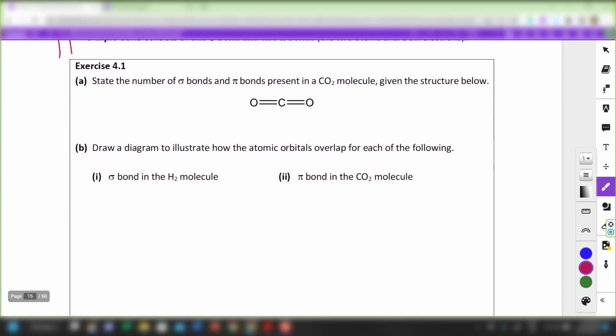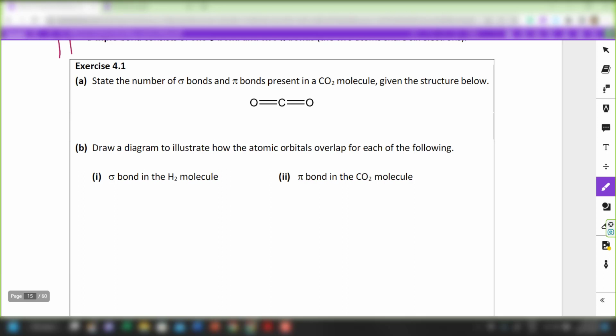Right now, we can take a look at exercise 4.1. For A, you're required to state the number of sigma and pi bonds present in a CO2 molecule. This is usually quite a straightforward question, and usually used as a starter question in very long free response questions. CO2 has the carbon forming 2 double bonds with the oxygens.